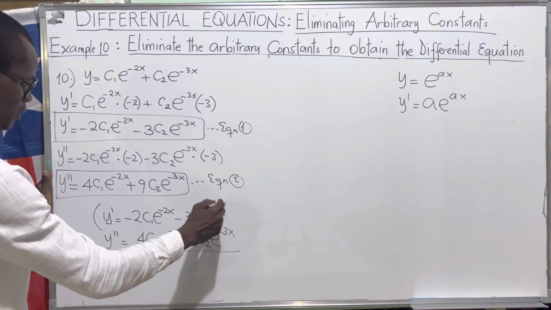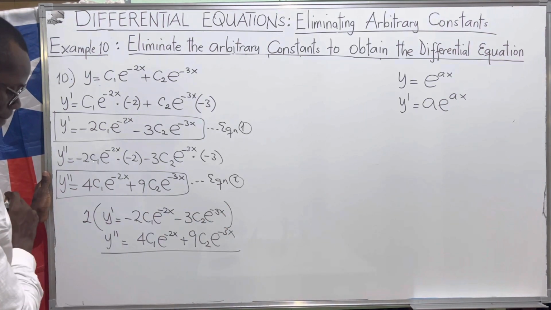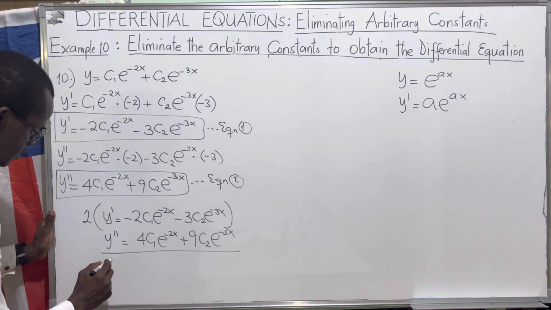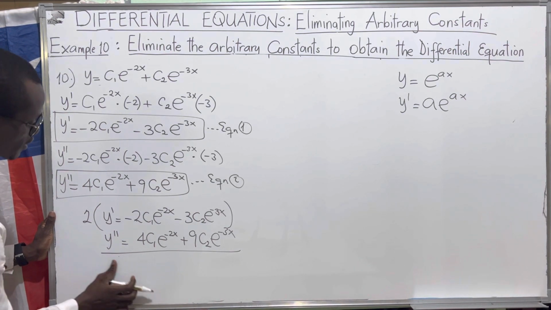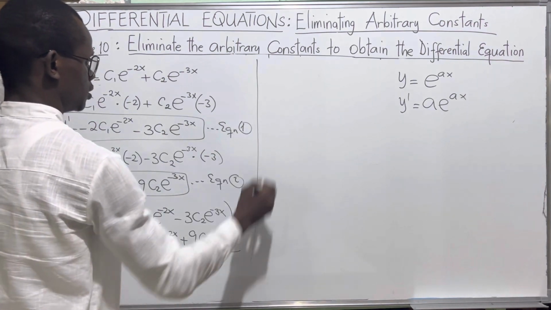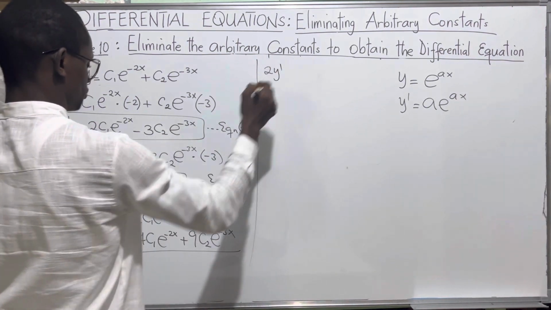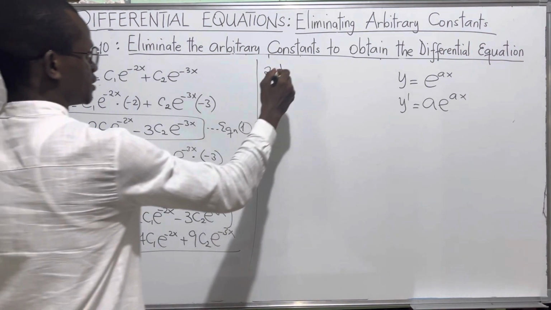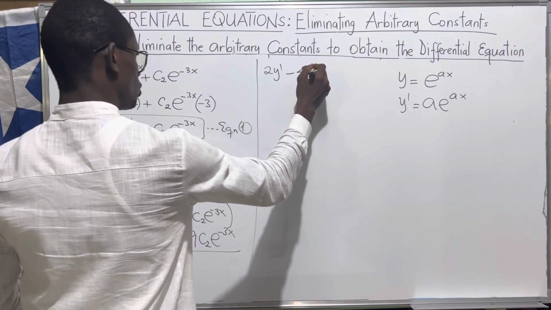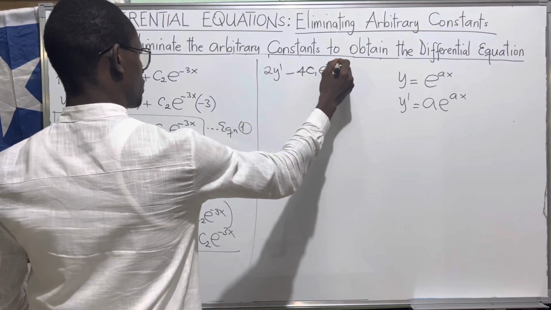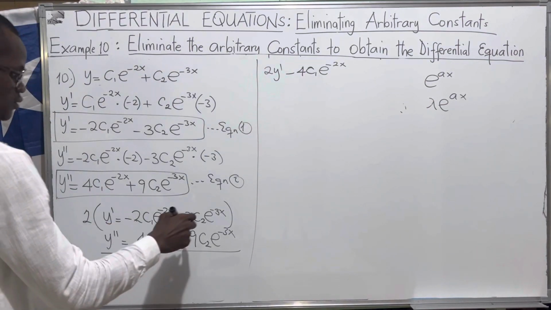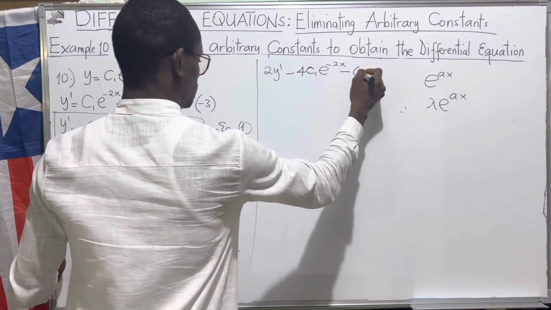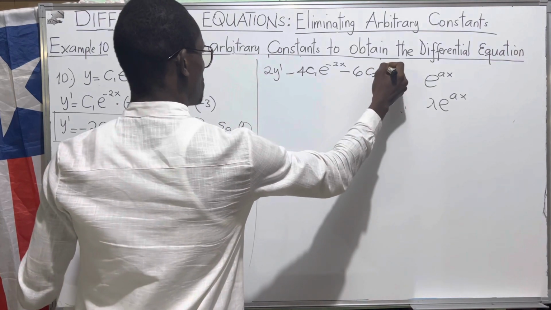So let's multiply this whole expression by 2. 2 times this is 2y prime, and then 2 times this is minus 4c1 e raised to the power minus 2x, and 2 times 3 is 6 c2 e raised to the power minus 3x.